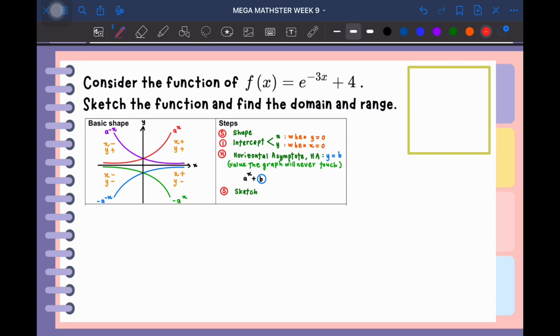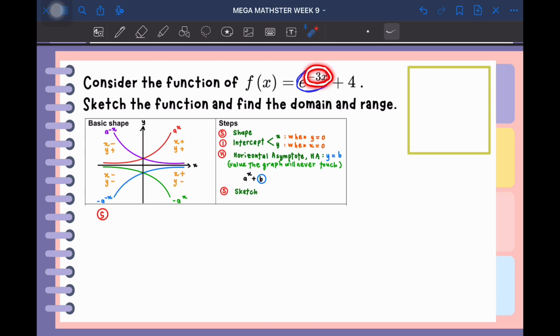So the first step is S. So you need to determine the shape first. Okay, so macam mana kita nak determine the shape? It's very easy. You just need to take a look at the exponential that you have. Okay, so here this is your exponential, e to the power of negative 3x. Okay, and then tengok pada awak punya x. So your x over here, the power over here, it has negative.